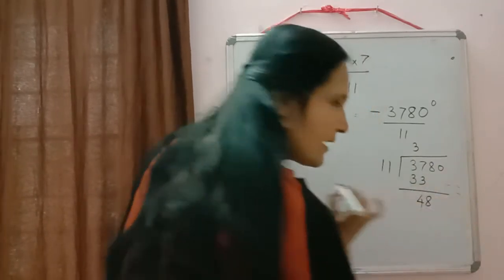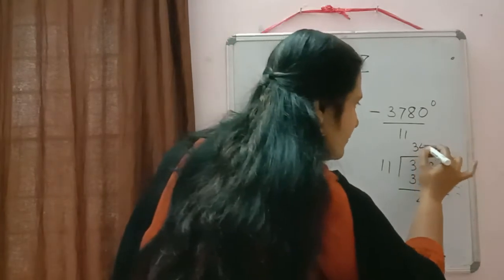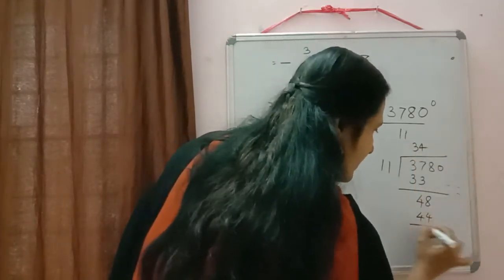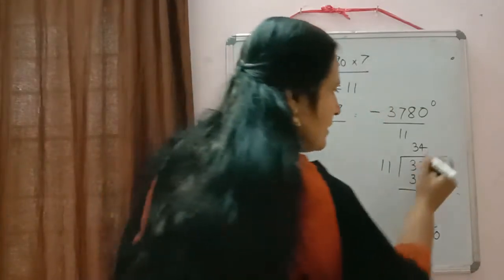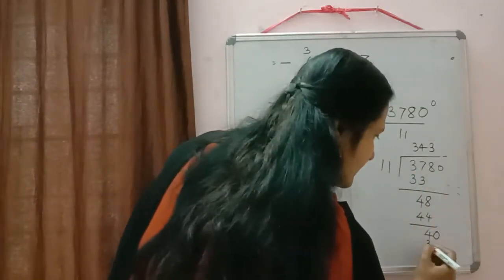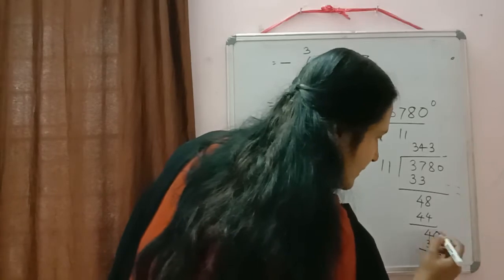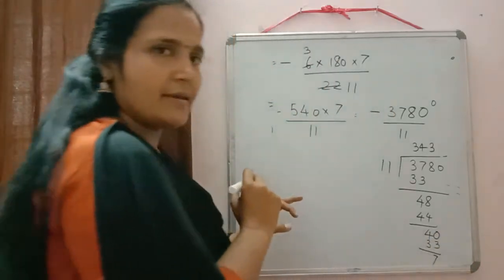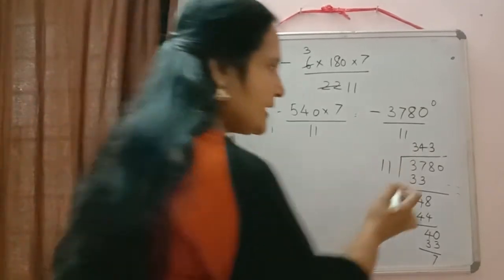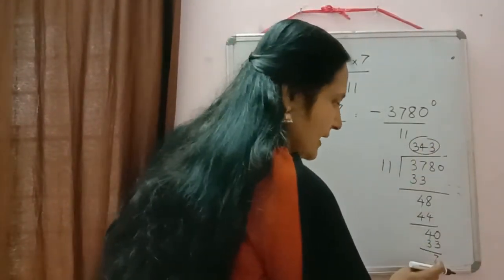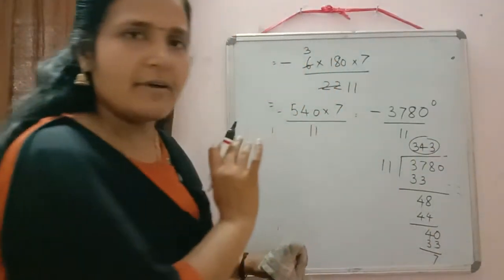Then 8 will come. 11 4s are 44. 8 minus 4, 4. 0 will come. 11 3s are 33. 10 minus 3, 7. So we are getting 343 as quotient, 7 as remainder and 11 is our divisor.